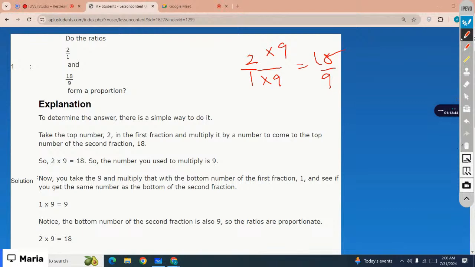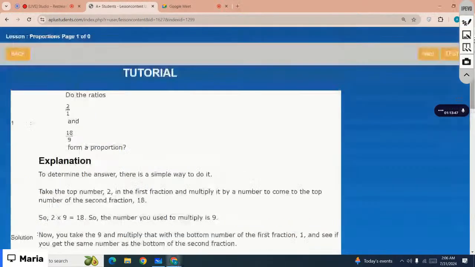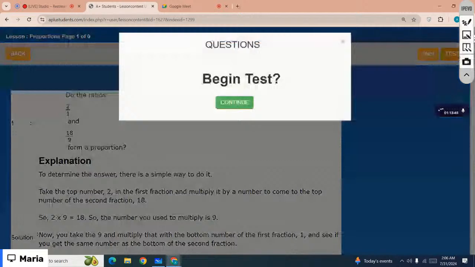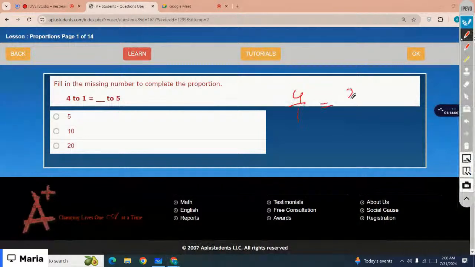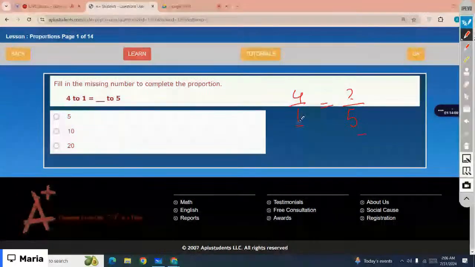Let's just start with the test questions. Okay, fill in the missing number to complete the proportion. So you are given 4 to 1 and the missing number to 5. So this 1 and 5, right? You multiplied the denominator by 5, so you need to multiply also 4 times 5 and 1 times 5. So 4 times 5 is 20 and 5 times 1 is 5.